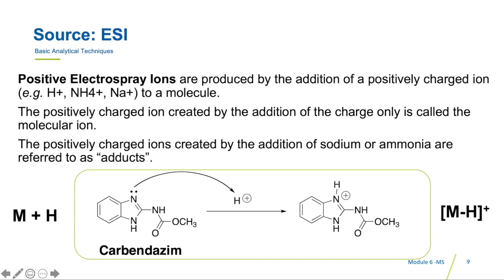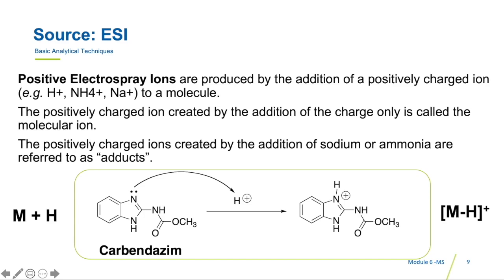When MSMS is available, we favor the use of the molecular ion since these are more specific and we have the ability to create other elements for the confirmation of identity using the second mass spectrometer. We will discuss this further in the upcoming section on the mass analyzer.